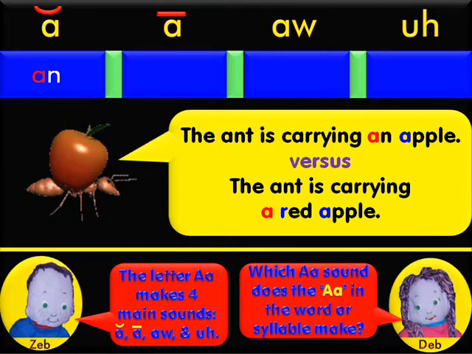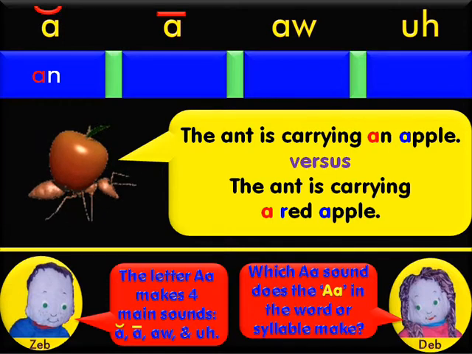Well, good. Now notice, when you have a word following the article an or a, if it begins with a vowel like apple, then you're going to use an. But if it begins with a consonant like red, then you're going to use a. Notice these two sentences.